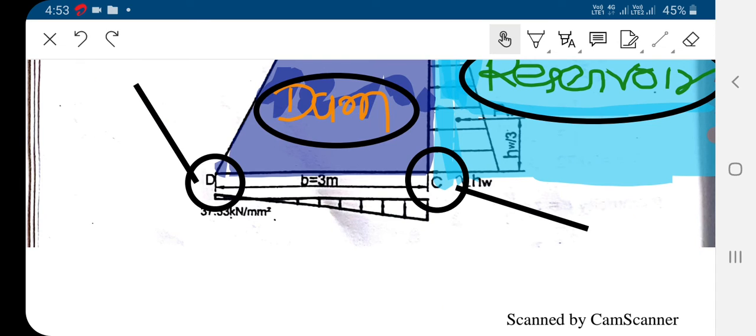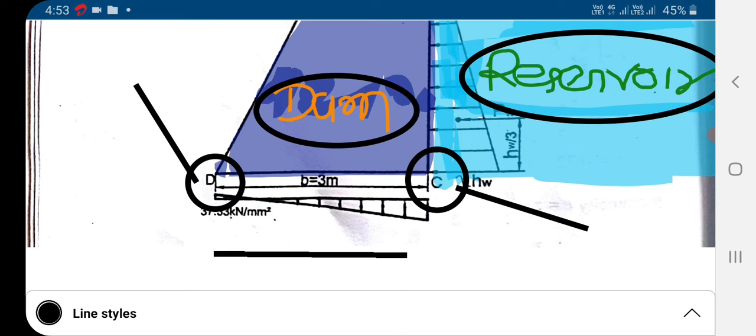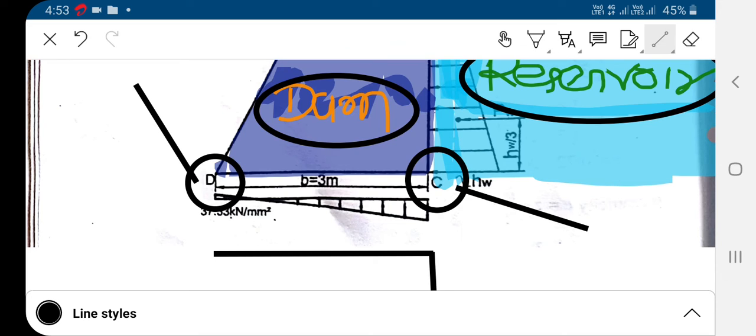In this case the diagram will look like this.